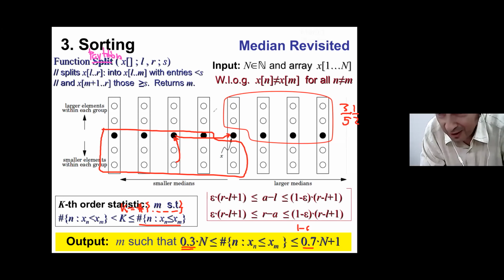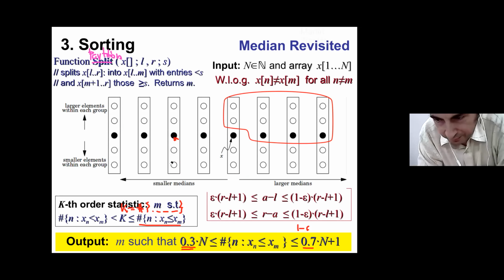So we argued that if we find the median of 5 medians, it will be a good choice of pivot element for epsilon equal to 0.3. Now the question is, how do you find it?